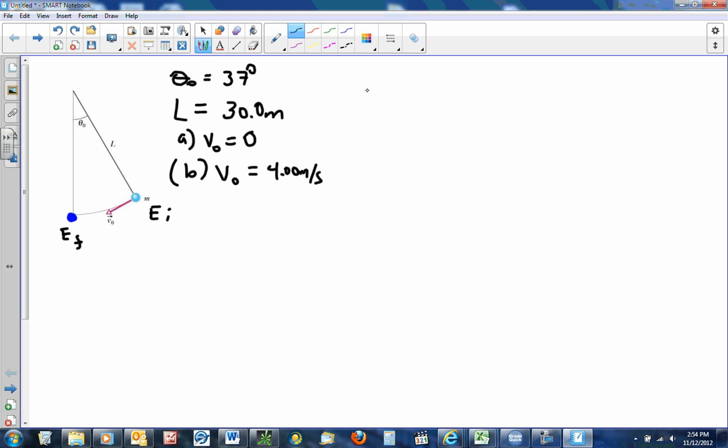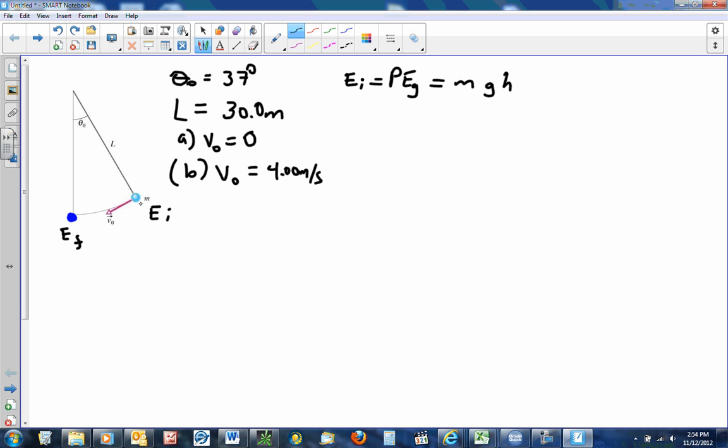So in both situations, the initial energy is gravitational potential energy, which is mgh. They didn't give us mass, so we cannot get a number here. We could say 10 times whatever h is, but we can't get a number right now.